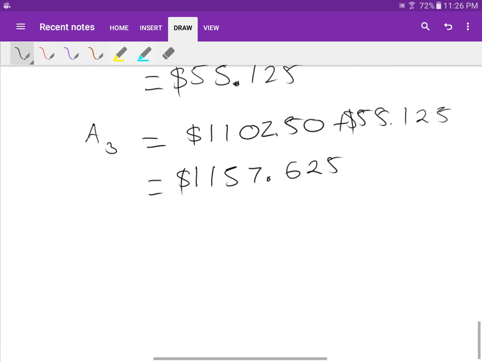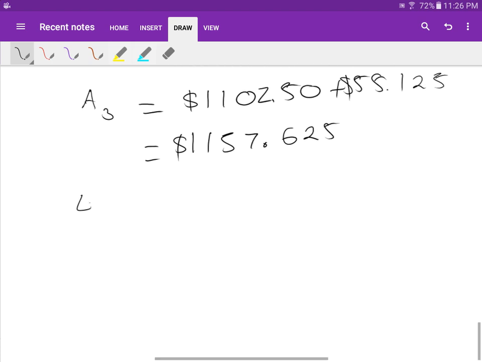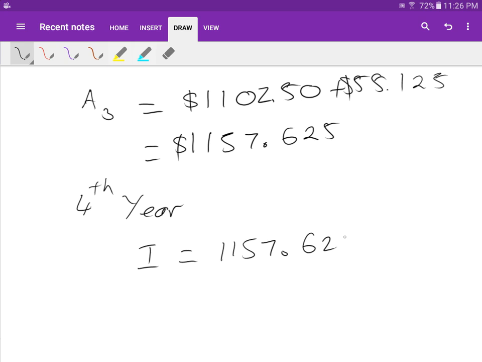At the end of the 4th year, I will get 5% of the third year amount: 1,157.625 times 5%, which is 5 over 100, and I will get $57.88.